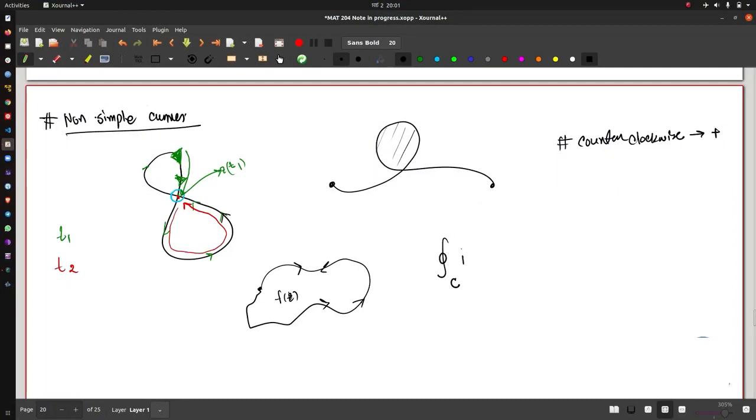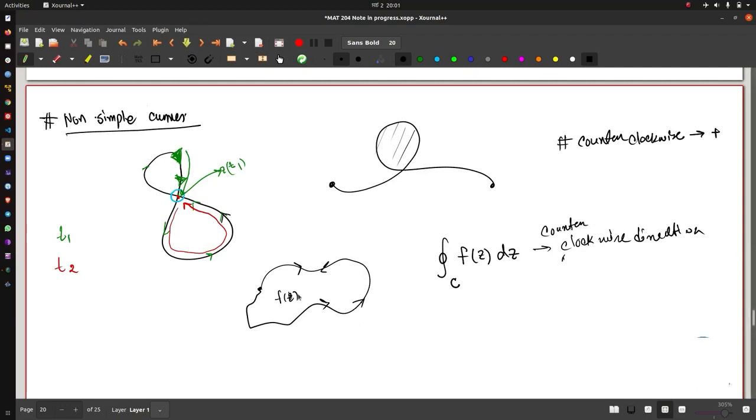And if you take the counterclockwise direction to be positive, then the clockwise direction would be negative. So if this is the counterclockwise direction, that means for this integration the orientation is counterclockwise.